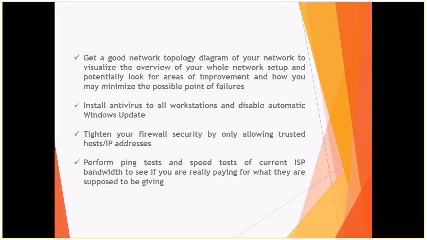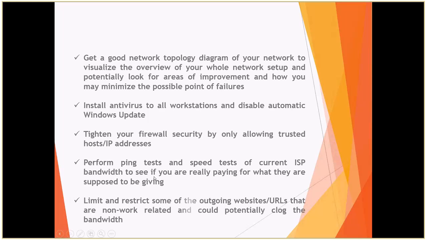If you see that, you have to contact them immediately and tell them about it. And you can also run ping tests to their gateway IP address to make sure that it's not dropping any packets. If it is, then you have to contact them for that.